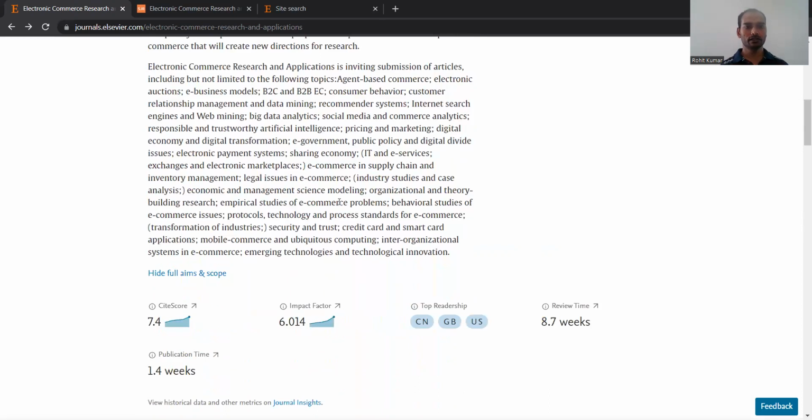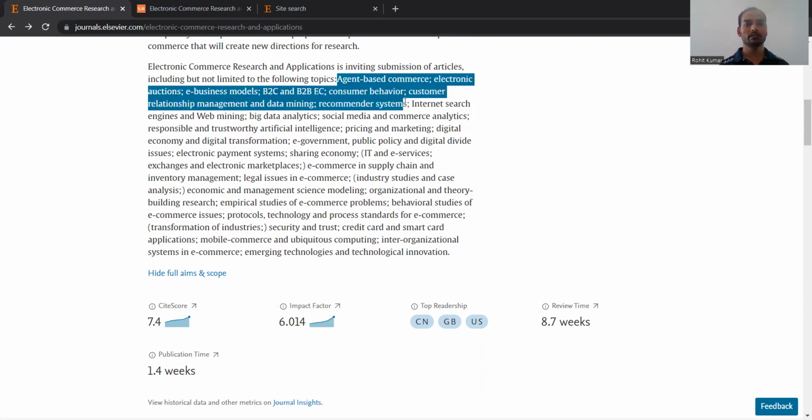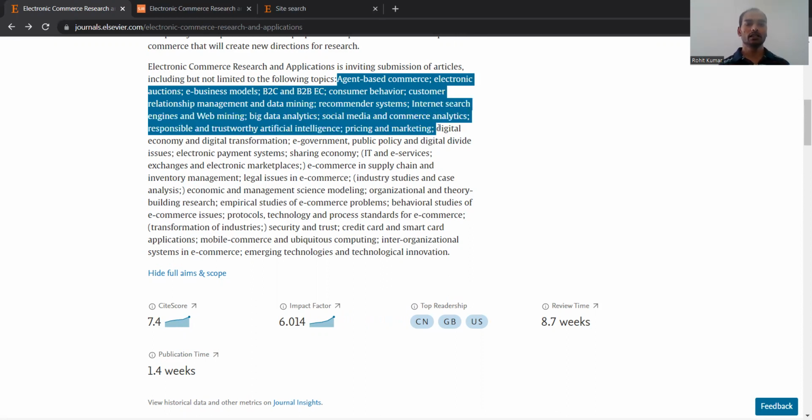Then, moving down, they invited articles for a variety of domains, and here is the list. Agent-based commerce, electronic auctions, e-business models, B2B, B2C, which are quite popular terms: business to consumers and business to business. If one business is trying to connect with another business, because many businesses, like wholesalers, don't focus on normal customers.